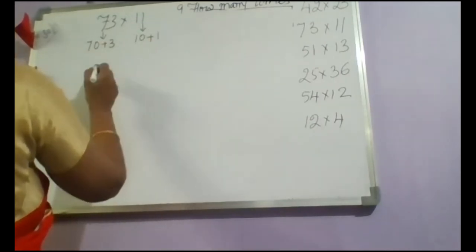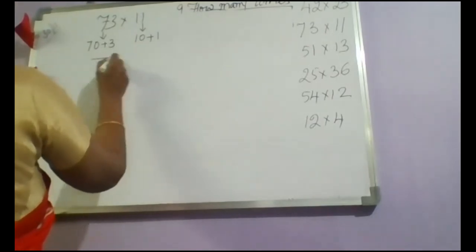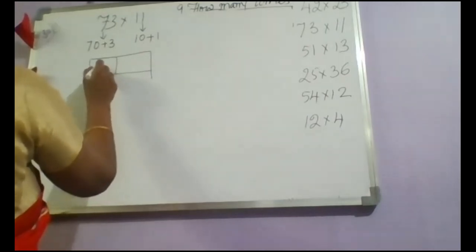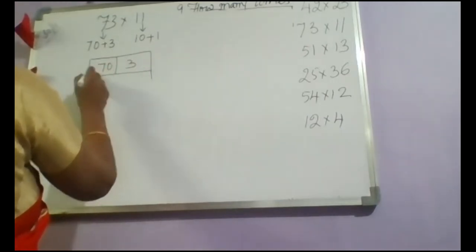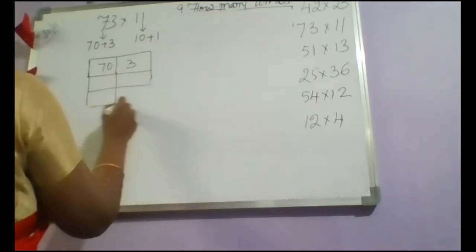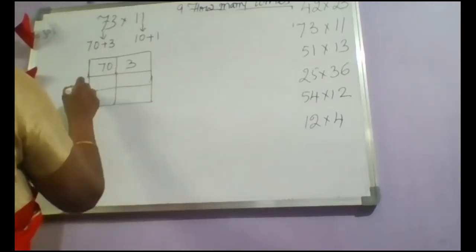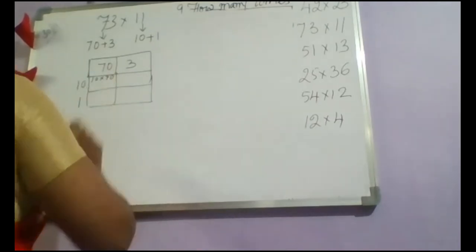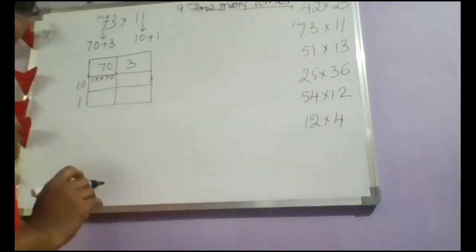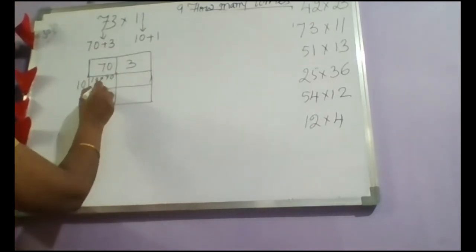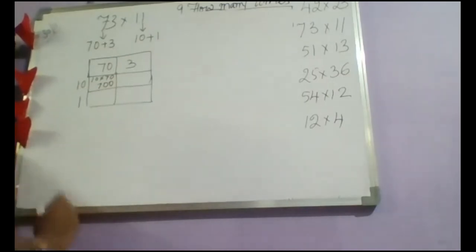How to write 11? 11 should be written as 10 plus 1. Now, first 10 into 70. Can you tell me what is 10 times 70? 1 times 7 is 7 and the zeros, as many zeros as you have.